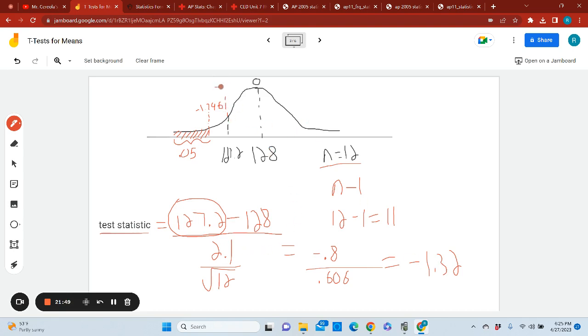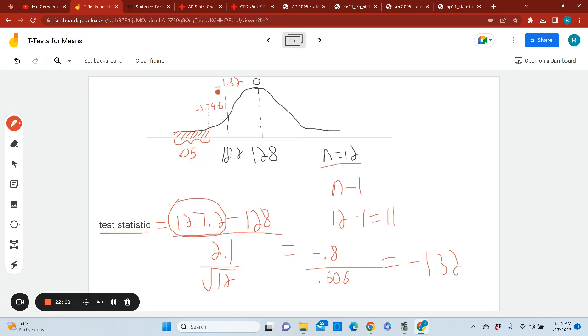I was only negative 1.32. So without even using a p-value, I already know that this is going to fail. This is what I was trying to explain to you guys when I first introduced significance testing, right? I'm not enough standard errors away from the average to fall in this 5% region, right?